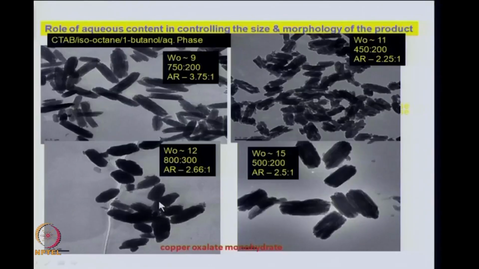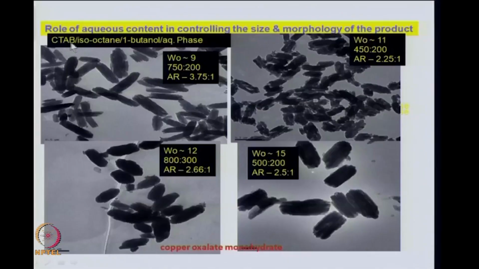So, this is a kind of example where we are showing what happens when you change the water to surfactant ratio, which is the W naught parameter. If you keep the surfactant, the solvent and co-surfactant same in all these 4 cases, the surfactant and the solvent are not changed.